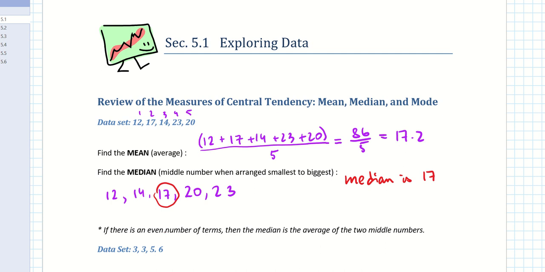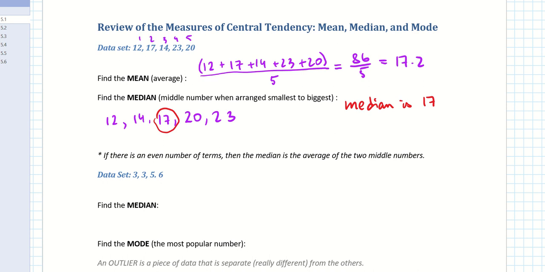If you have an even number of terms in your data set, then the median is going to be the average of 2 middle numbers. Okay, so just keep that in mind. If you have even number of values, then you might have to take the average of the 2 numbers next to each other. So that's something to keep in mind here, in case you have even number of terms.